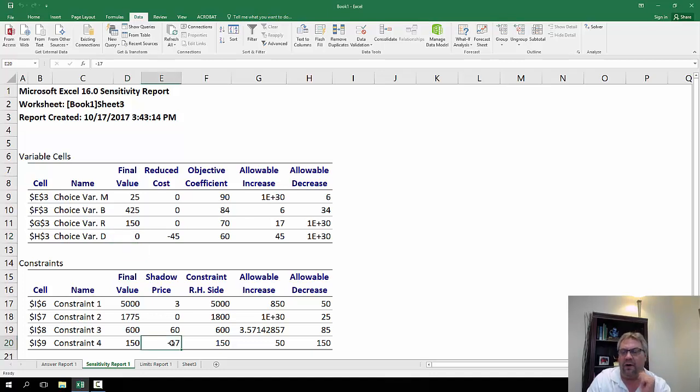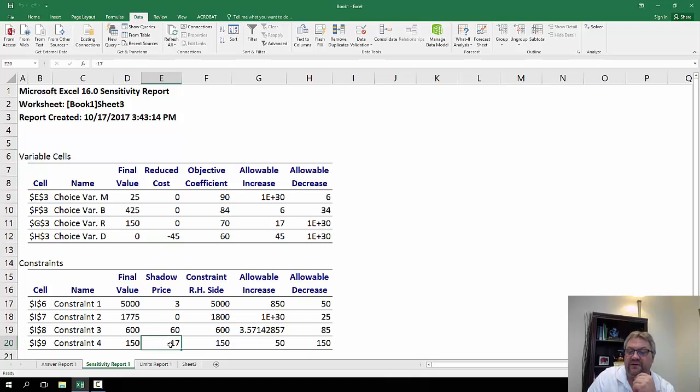Okay, and then I wanted to get to this. What is this constraint telling me? I got a negative $17 here. Yikes. Well, it kind of goes against this, and I don't know why Excel gets these a little bit different, or goofed up, I guess.